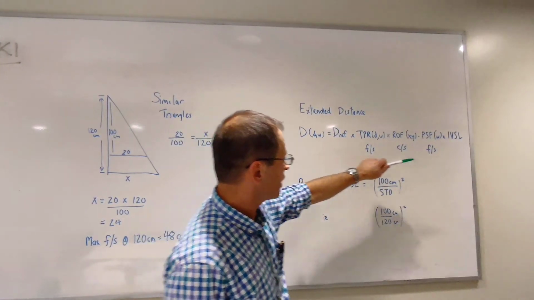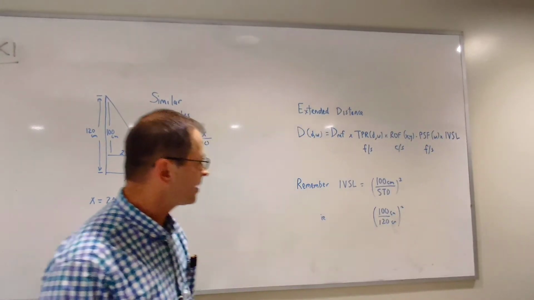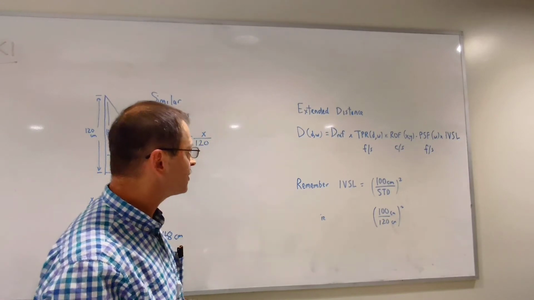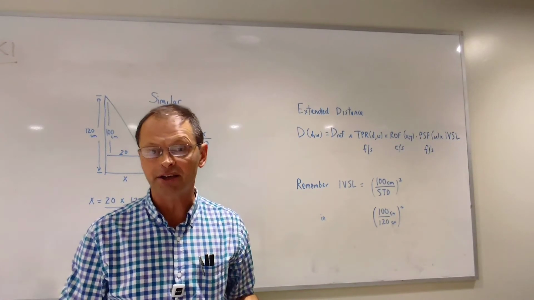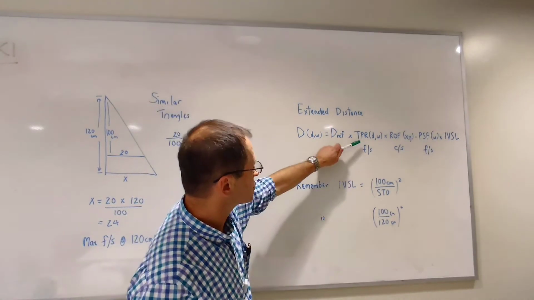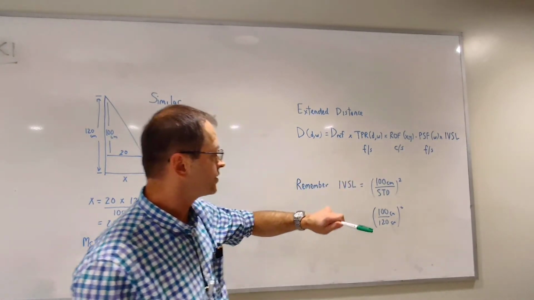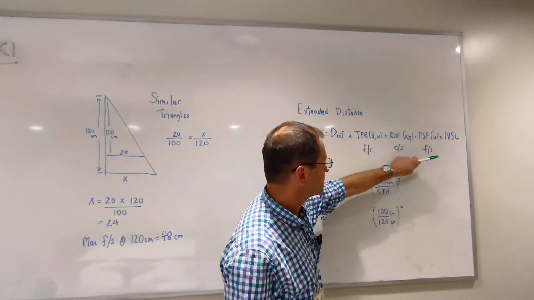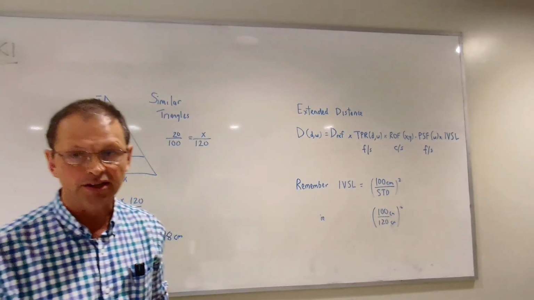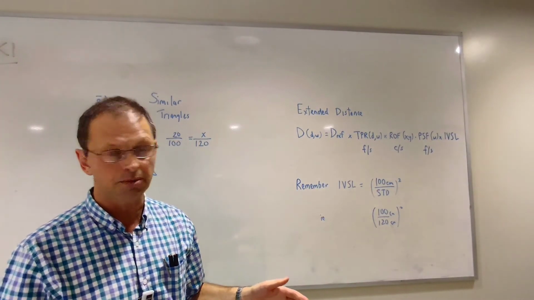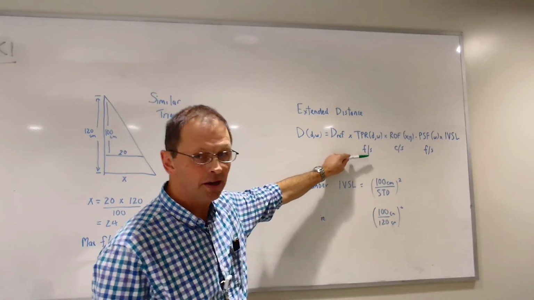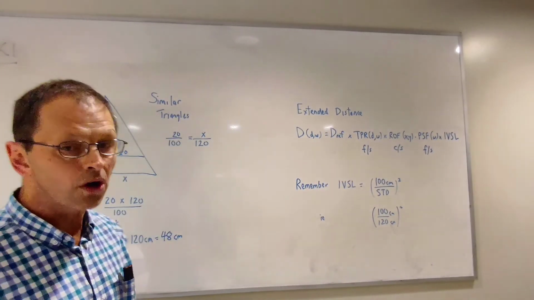Your TPRs and your peak scatter factors are based on field sizes. For some of those variables, you're going to calculate an equivalent square using the appropriate numbers: an equivalent square for your TPR from your field size, and an equivalent square for your PSF from your field size. For your ROF, you just look up your collimator settings. Whatever your jaw settings are in Eclipse are going to be this number. These are going to be based on what you've calculated using similar triangles.